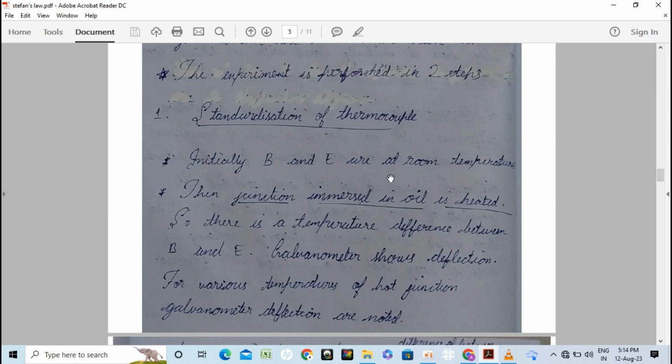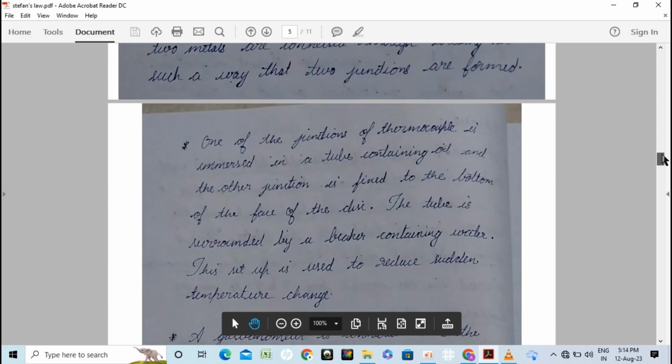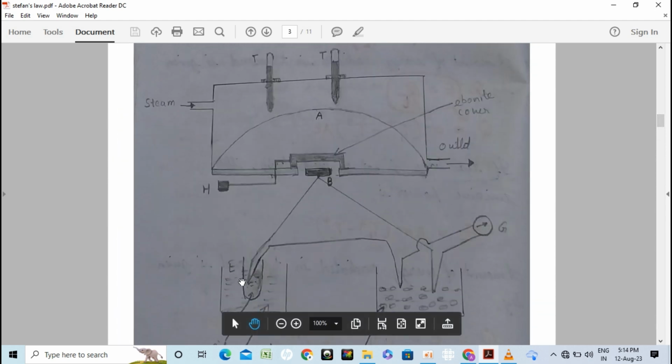Initially, B and E are at room temperature. The junction immersed in oil is heated, so there is a temperature difference between B and E. The galvanometer shows deflection. For various temperatures of the hot junction, galvanometer deflection is noted. Initially, this region is E, this junction of the thermocouple and this junction of the thermocouple; both junctions are kept at room temperature.